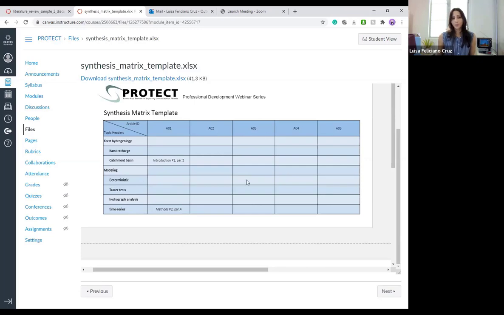If you do this for all your articles, it's going to be easier for you to know which ones you can compare with each other. You can also search the Excel file and look for keywords if you want to remember information about the articles. The Excel file is available on the Canvas course, so you can refer to it.